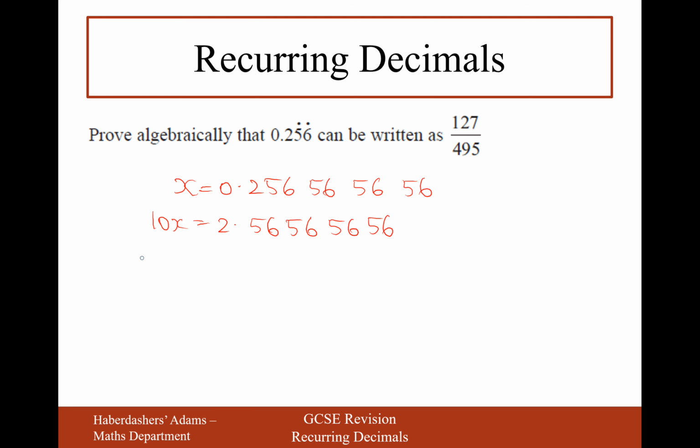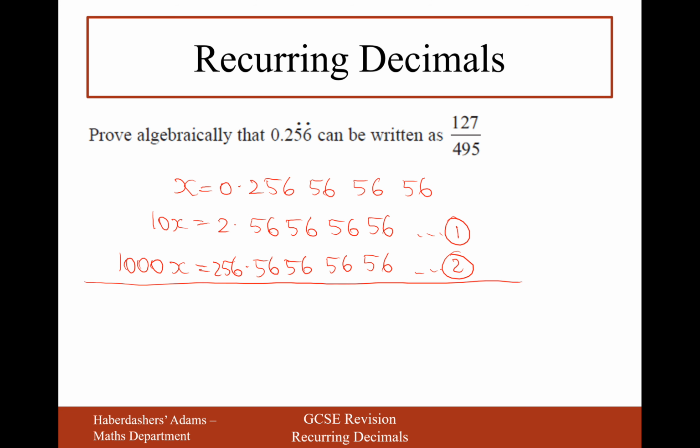Multiply it by 100 to get the 5 and the 6 bumped up 2 positions. So now it would be 1000x equals 256.56565656.